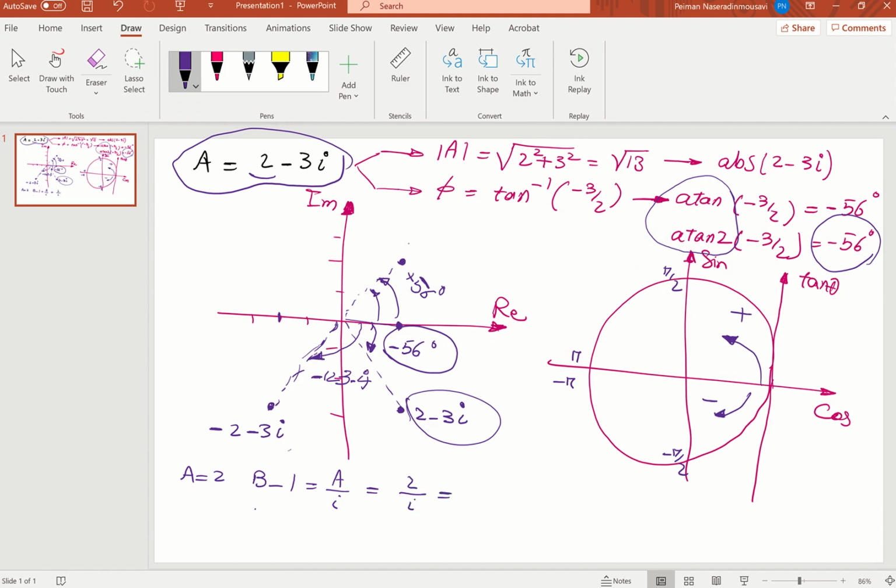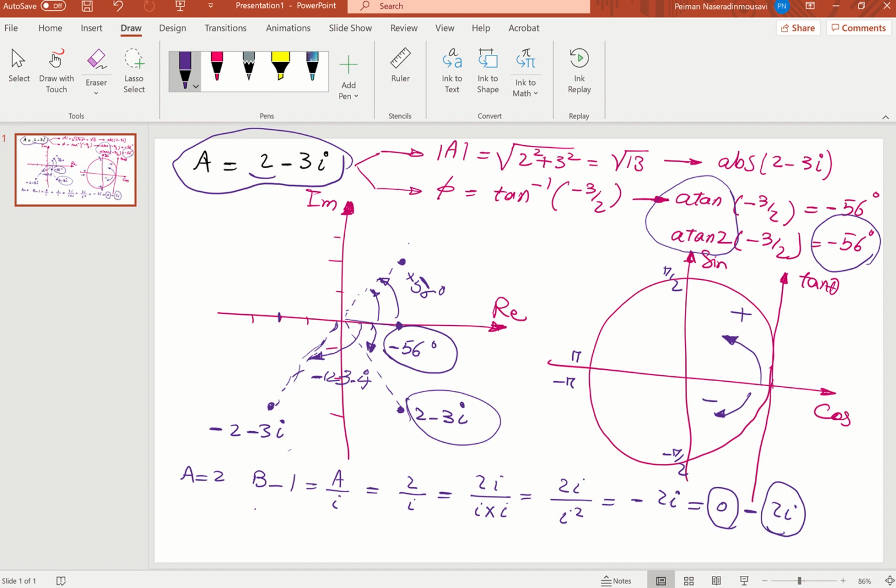So you can multiply the numerator and denominator by i. That's right. So this is minus 1 because it's i squared. This i squared, I taught you, is minus 1, so minus 2i. Or it is 0 minus 2i. Its real part is 0 and its imaginary part is minus 2.